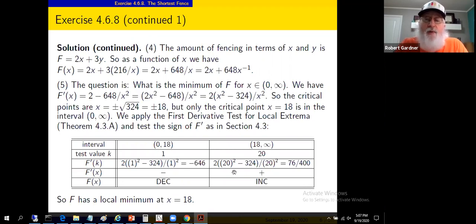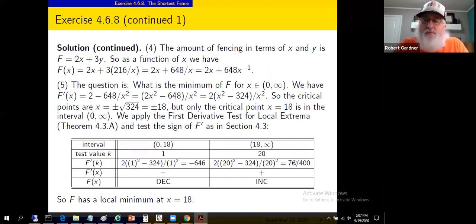Plug 20 in. I get a 20 squared and a 20 squared. 20 squared is 400. Minus 324 is what, like 76? Yeah, 76. I think I may have dropped a factor of 2 in this. We should have 2 times 76.